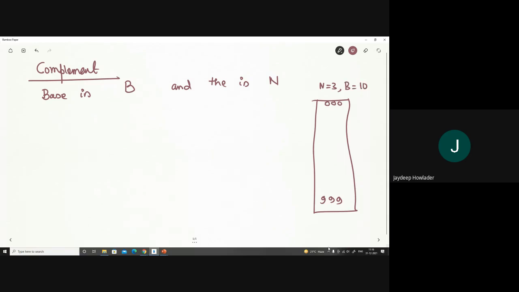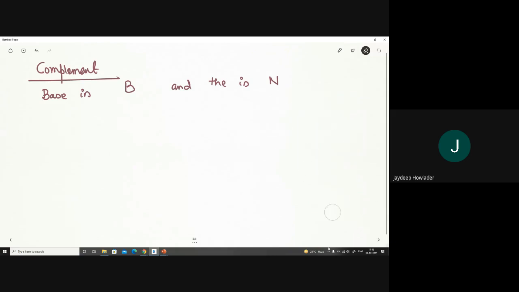If it is a binary number with a size of 3, then it runs from 000 to 111, so n equals 3 and base equals 2. Try to understand these from the general perspective, then we will make it binary. So what is the complement?